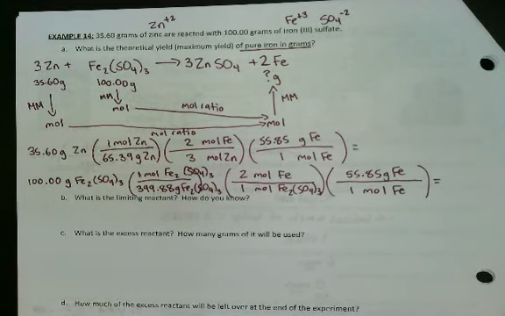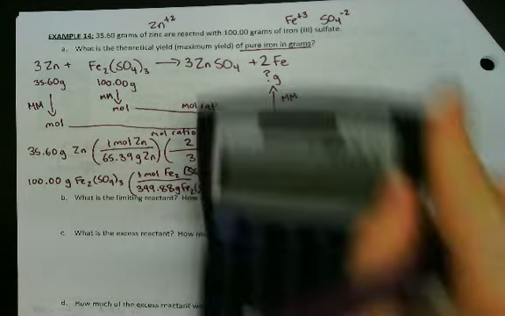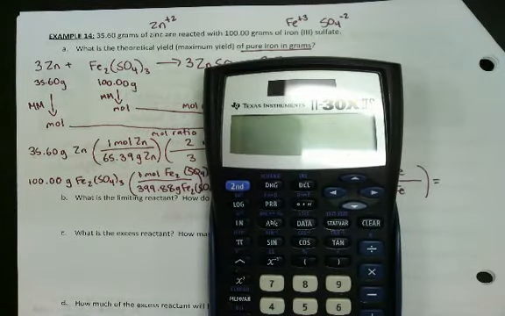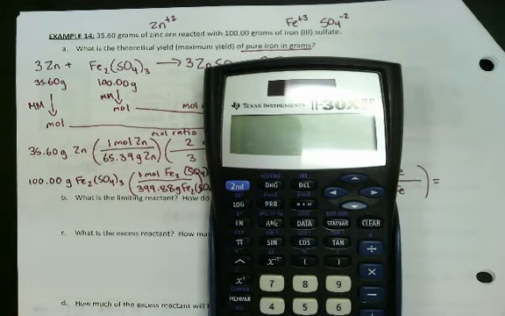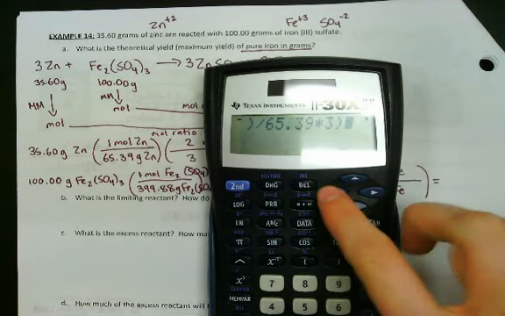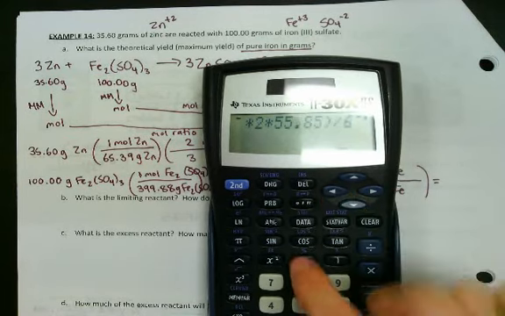So if you put these in your calculator, I'll do this under the dot cam so y'all can see, we can figure out how much we could potentially produce from this amount of each of our reactants. So first up, do 35.60 grams of zinc times 2 moles times 55.85. Close that parenthesis. Divide it by everything on the bottom, 65.39 times 3. Oops, and I forgot to include a parenthesis over here. That would have been bad.